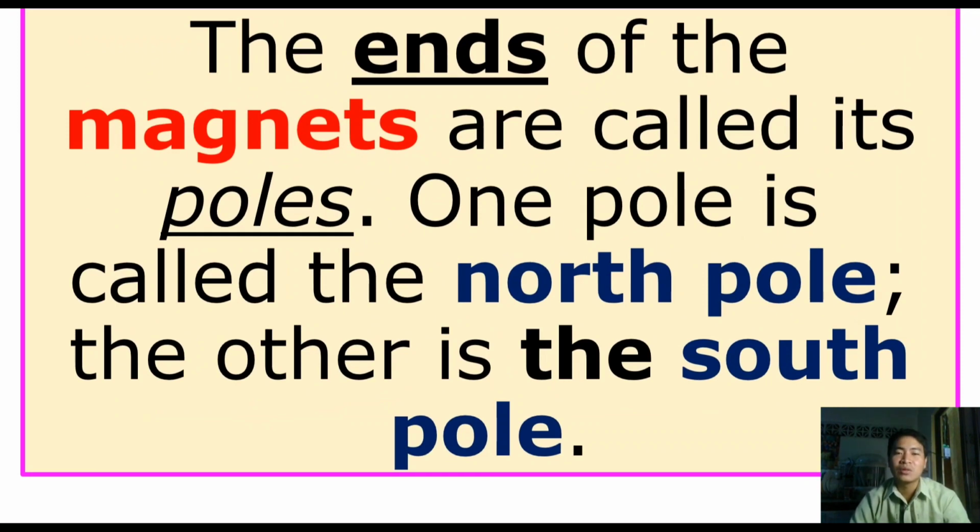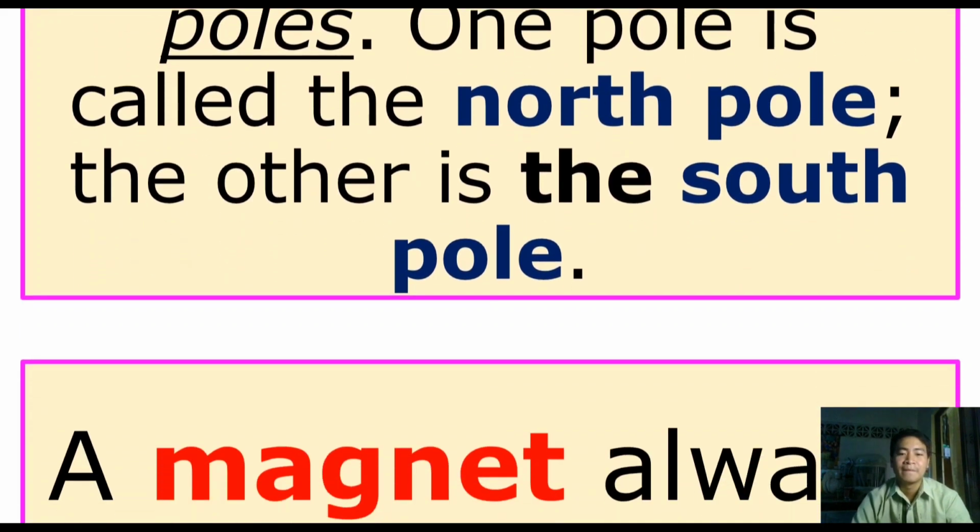One pole is called the North Pole, and the other one is the South Pole. So we have two poles in a magnet. Later on you will see in the picture where the North and South Pole are.